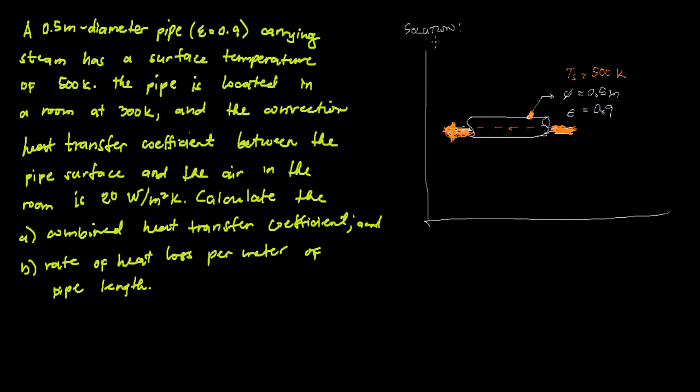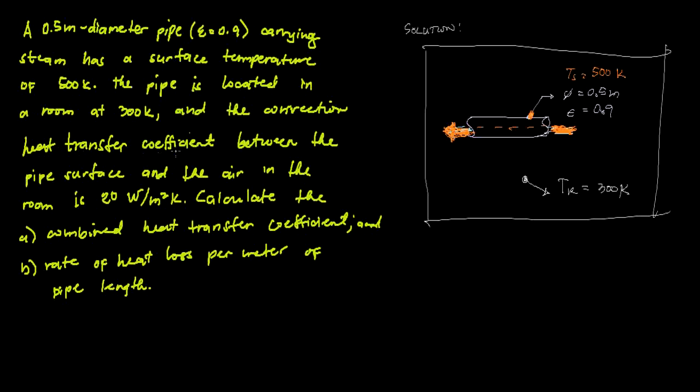Say this is our room. Room temp is 300 K. So the surface is much higher in temperature than the room.